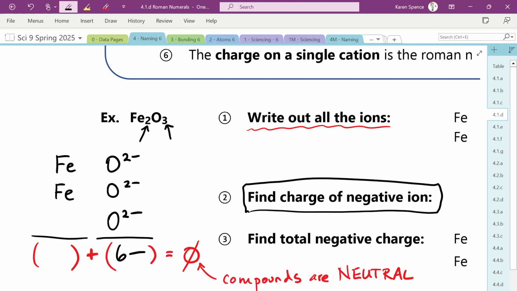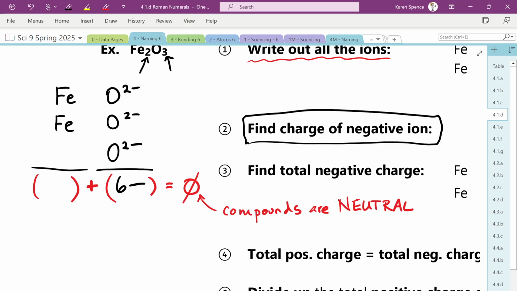So we have the charge of those negative ions, and we've found our total negative charge. Step number 4 is to find the total positive charge, which is going to be exactly the same as the total negative. So if you have 6 negative, you're going to have how much positive? 6 positive.